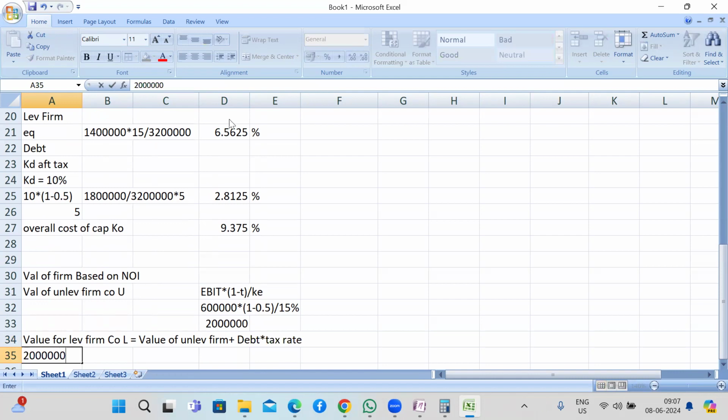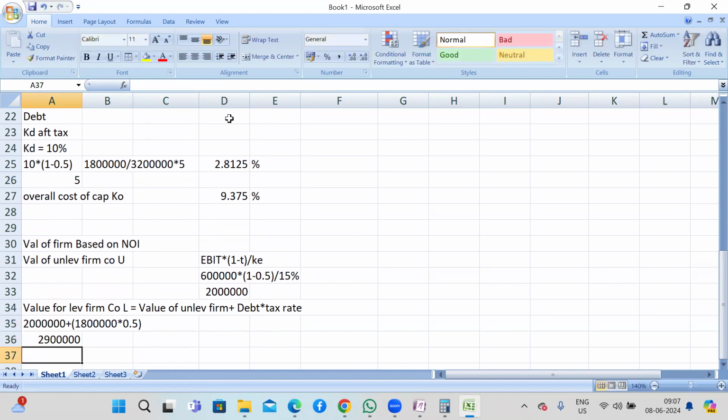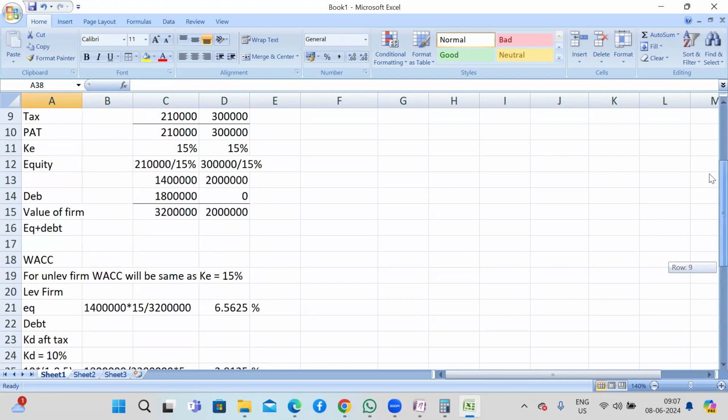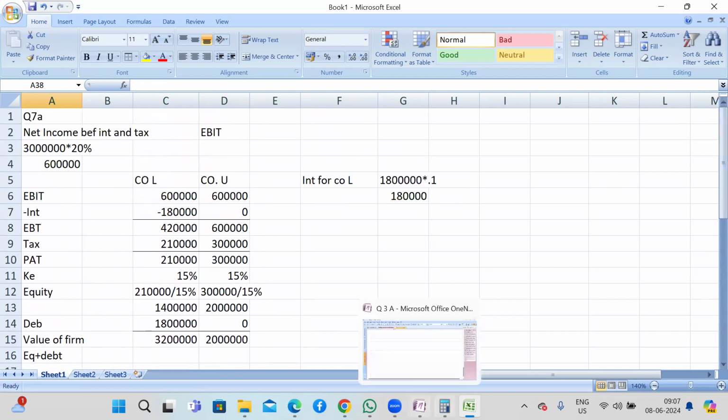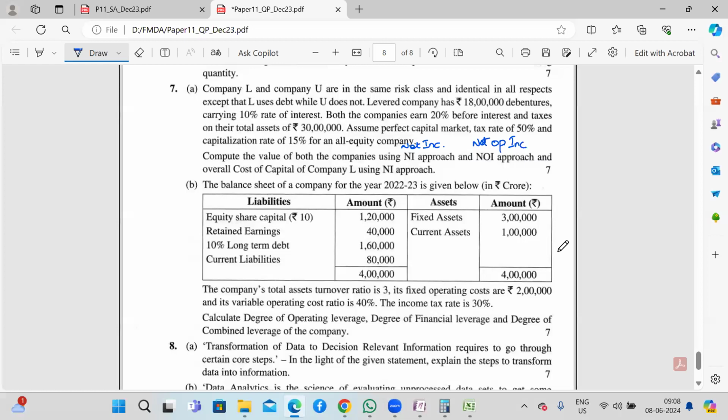My debt will be 18 lakhs, right? So 18 lakhs into tax rate 0.5. So 20 lakhs plus 9 lakhs, it will be 29 lakhs you will be getting. So it's a very simple and easy question, based on our study material itself. So hope this is crystal clear now. So now move on to next one.